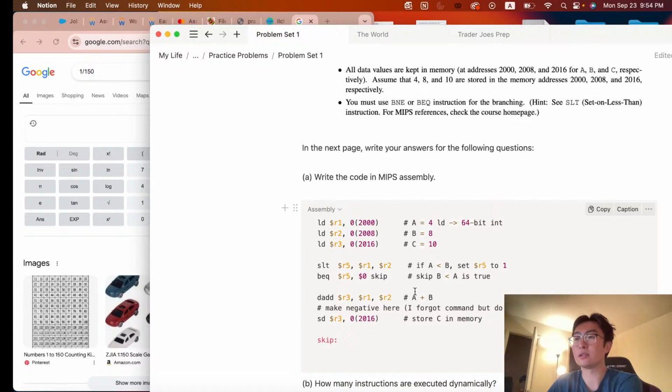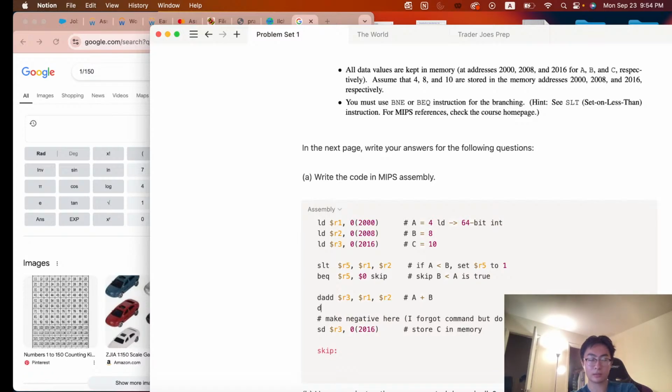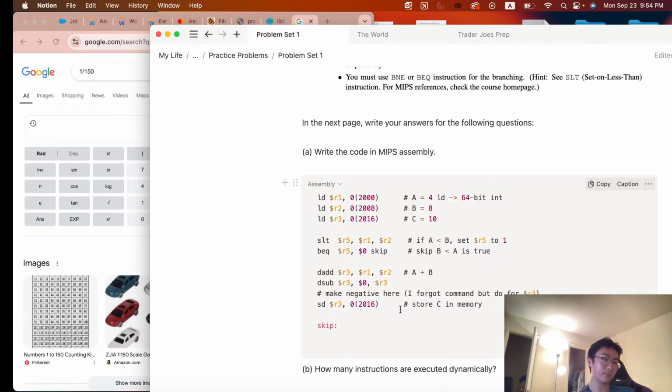Is DADD a MIPS 32 or MIPS 64 instruction? Oh, I see. So we have R3. We just take 0 and then subtract R3. So 0 minus R3, then that should just flip our sign to negative, right?